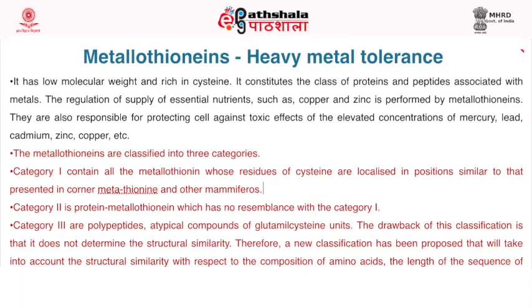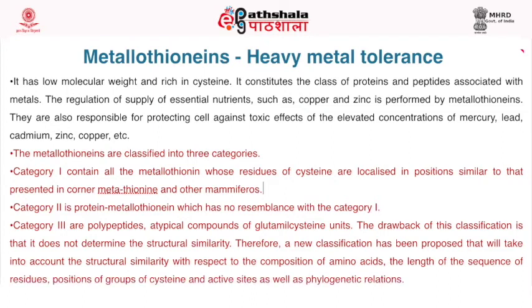Therefore, a new classification has been proposed that will take into account the structural similarity with respect to the composition of amino acids, the length of the sequence of residues, positions of groups of cysteine and active sites, as well as phylogenetic relations.